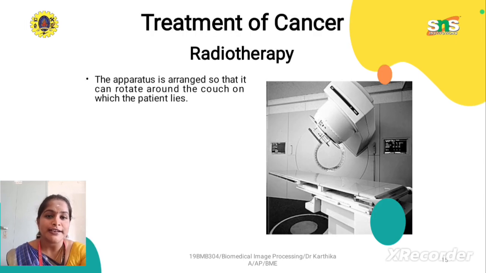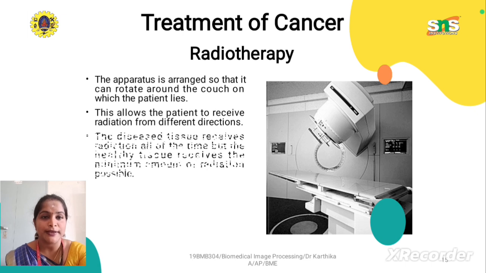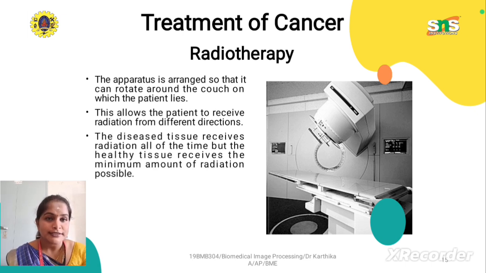In the treatment of cancer, next one is radiotherapy. Here the apparatus is arranged so that it can rotate around the couch on which the patient lies. First one, radiotherapy using gamma rays. Second one is radiotherapy using X-rays. And here it allows the patient to receive radiation from different directions.